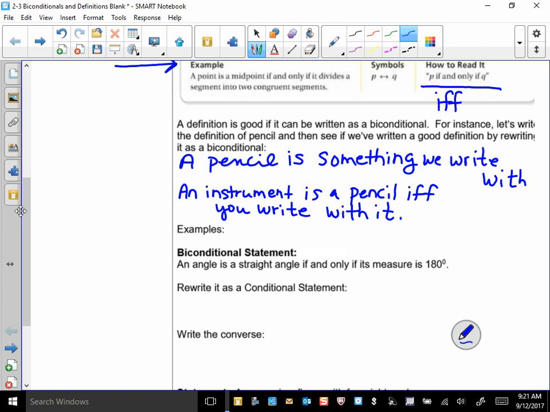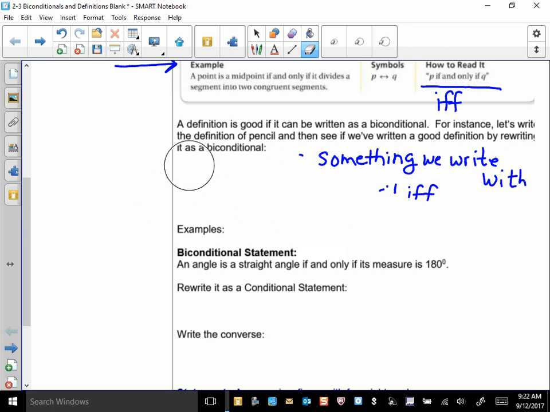So I could also say an instrument, let me see how I would write that. Well, I can't even really think how to write it in the reverse way, but this is telling me that a pencil is the only thing I write with, essentially. So that is not a good definition, is it?